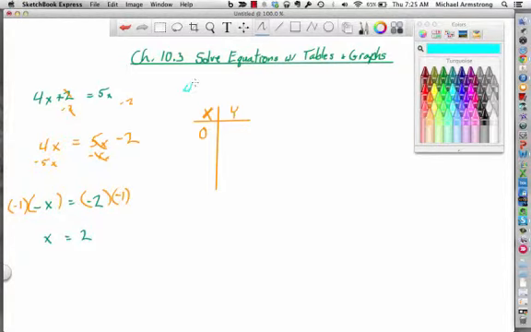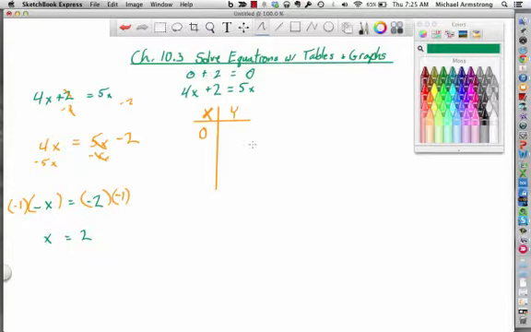Ooh, I don't like that color. It's too hard to see, I think. 4x plus 2 is equal to 5x. Alright, so if I put 0 in for x, 4 times 0 is 0, plus 2, and 5 times 0 is 0. Everywhere there's an x, we're going to put in a 0. And 0 plus 2 is equal to 0. Is this true?